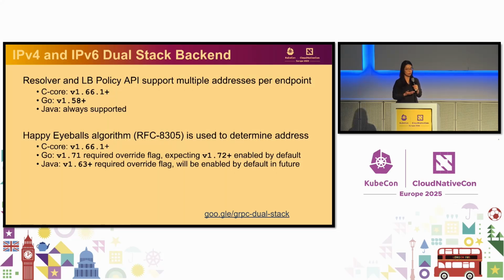So with this new launch, the resolver and the LB policy API will support multiple addresses per endpoint, and happy eyeballs will be used to minimize the time to determine the address. We are happy to announce that dual stack backend support is available on gRPC across all the languages that we have, and you are welcome to give it a try and let us know if you have any feedback.